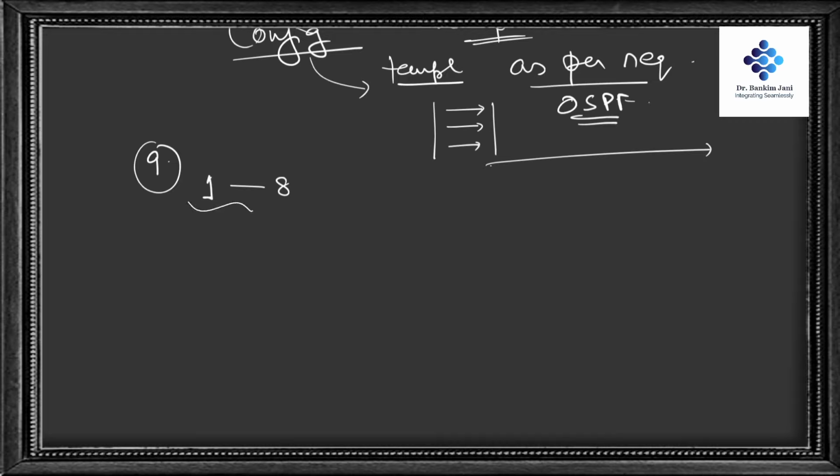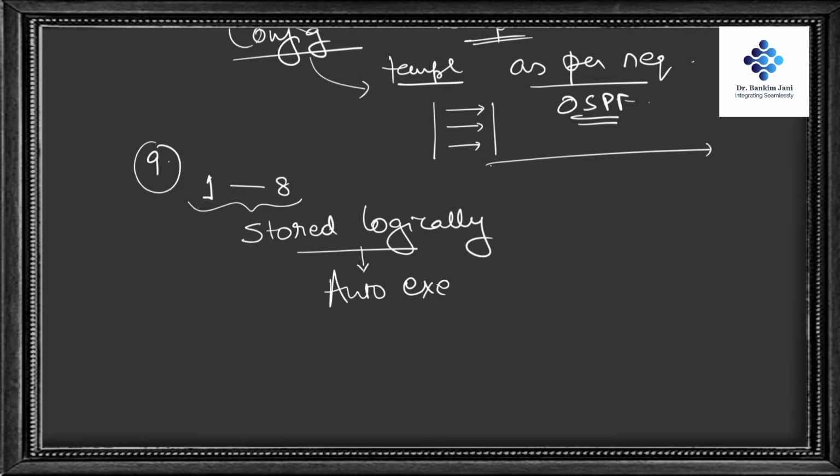So can you do something so that all the steps we discussed above are stored logically? Next time when I am configuring any new device, there should be just one key, I press it and all those things should be auto executed, and that also if needed.